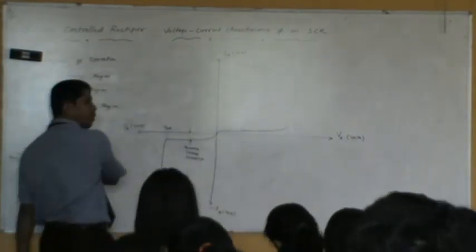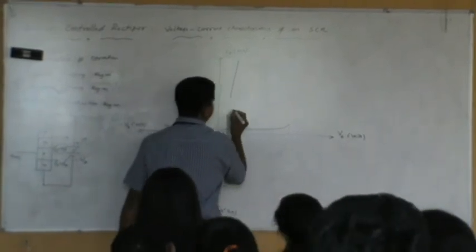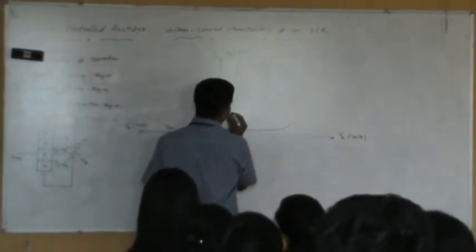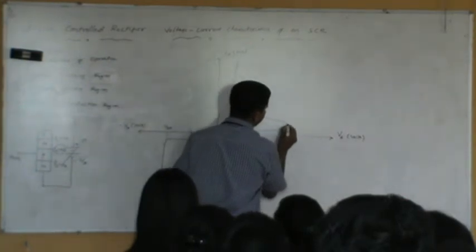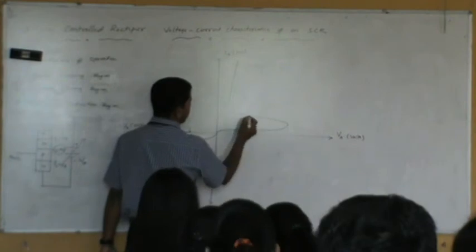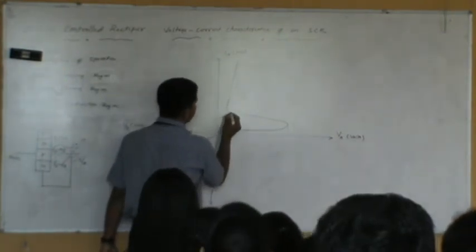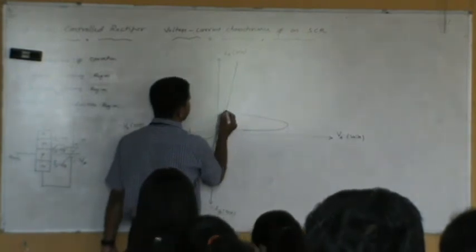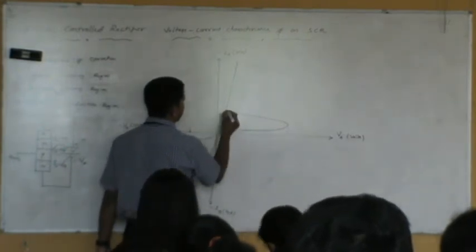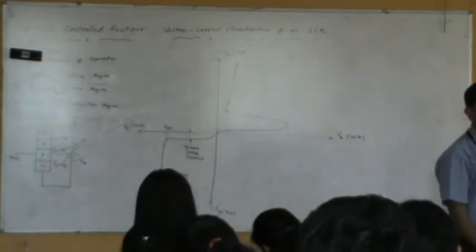This particular junction J2 has been broken, and due to that, suddenly the voltage across SCR decreases in this way. And slowly the current across SCR rises, and you can see here the current curve follows in this way. Have you understood this?